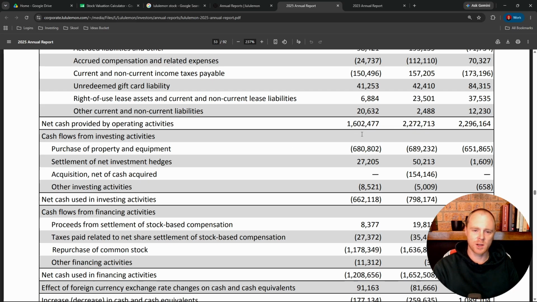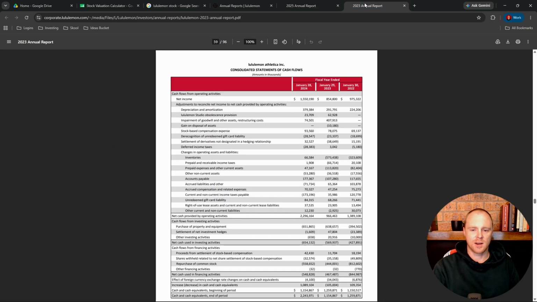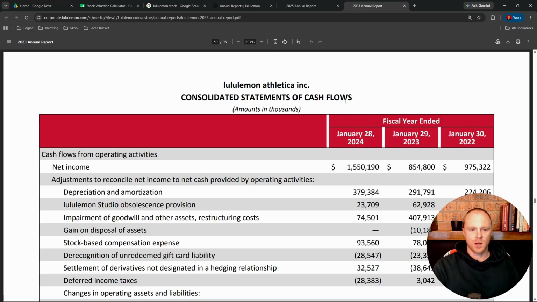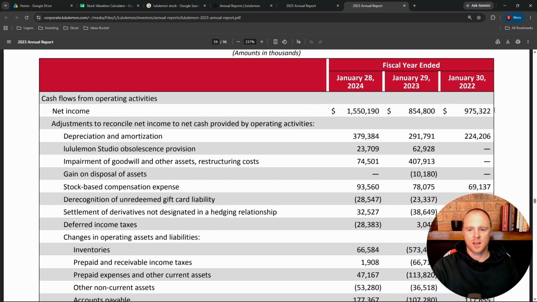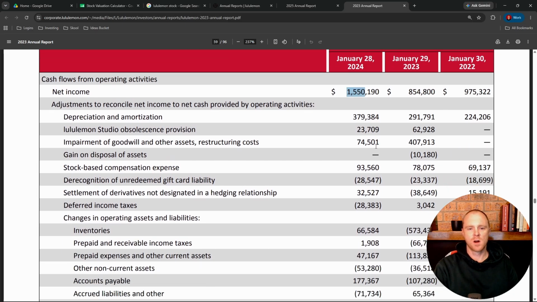So what are we going to assume and come up with for our smart estimates here? Well, for me, I needed to have a look back at previous years. So I went back and had a look at our net incomes, just looking at the cash flow statement. We can see that from 2022, it was 975 million up to 854, and then it overlaps with our 2024 of 1.5.